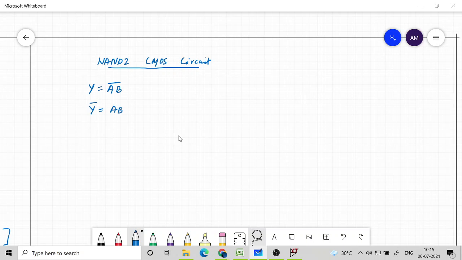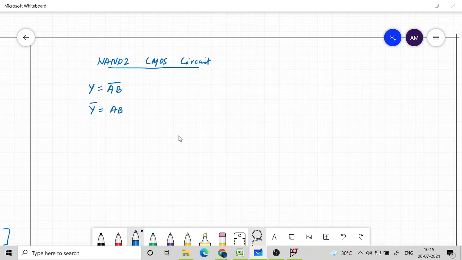So we are looking at the times at which we want the output to be 0. Y means the times at which output should become 1. Y bar means complement of a function, we are saying at what combination of A and B we want the output to be 0.